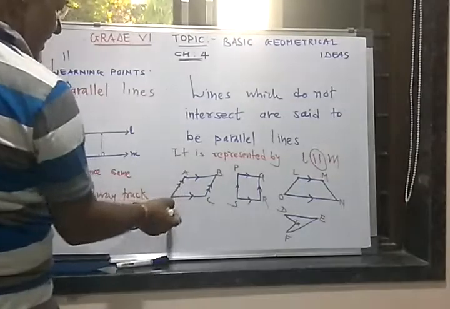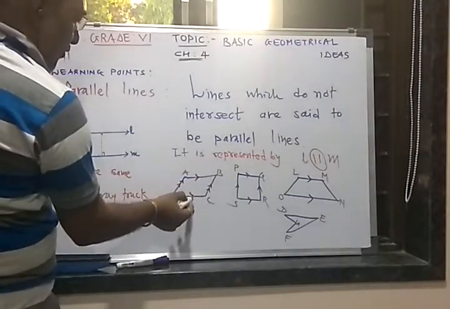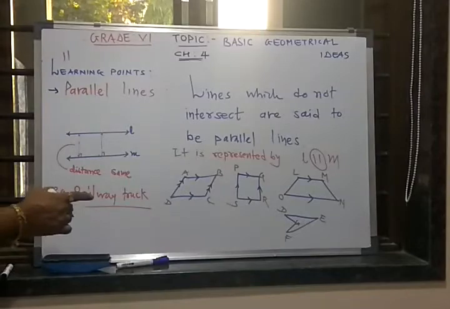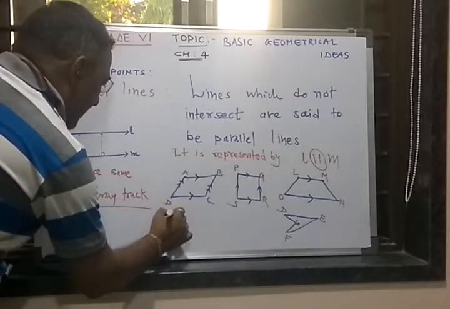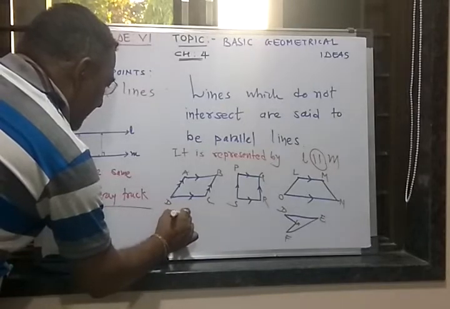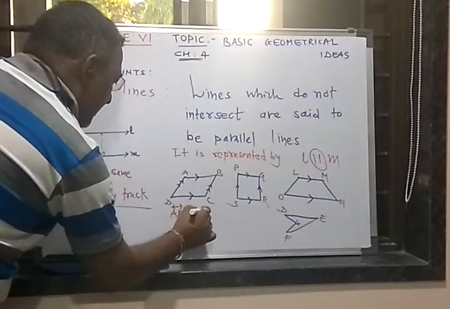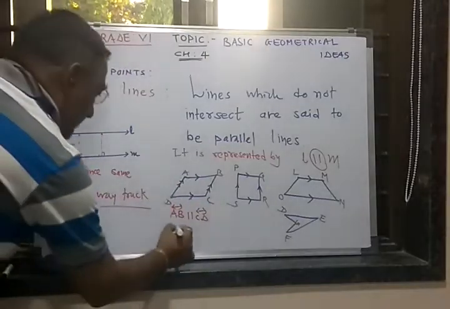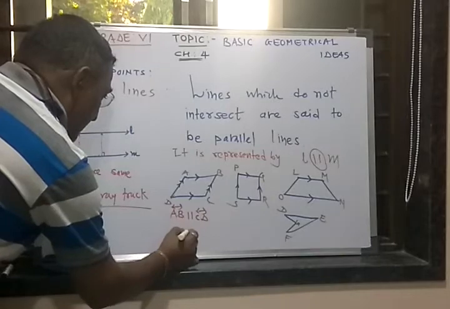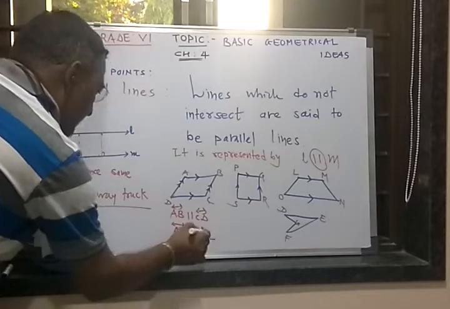Here one parallelogram is there, A, B, C, D. These arrows represent parallel lines. From this diagram, write down the parallel lines. Line AB is parallel to line CD. Another one, line AD is parallel to what?